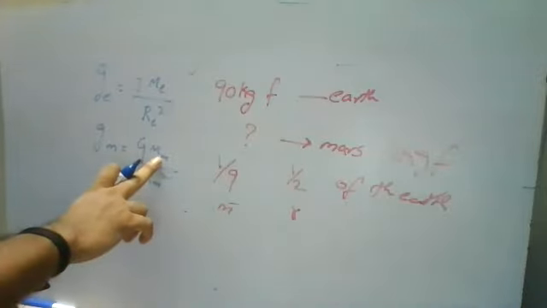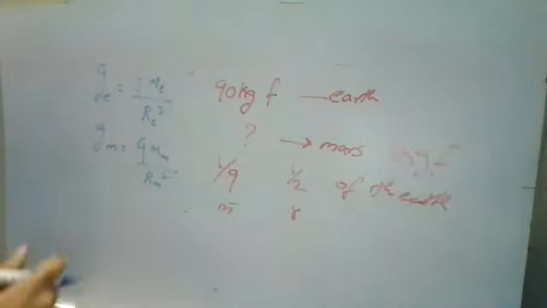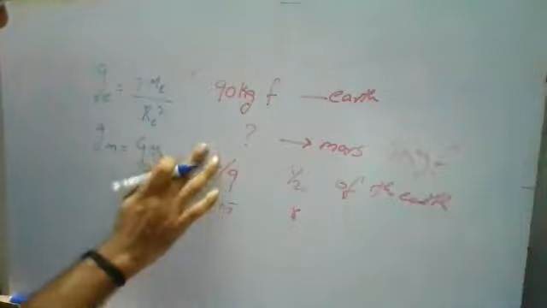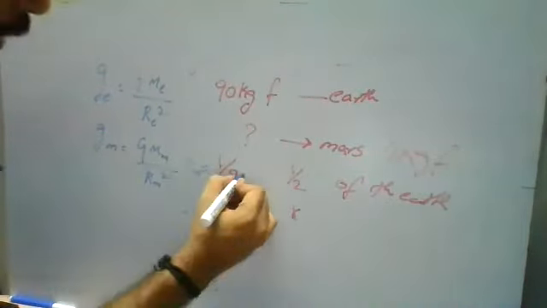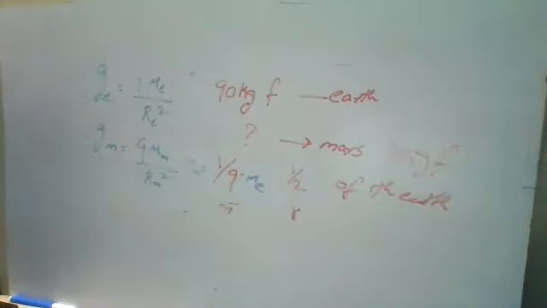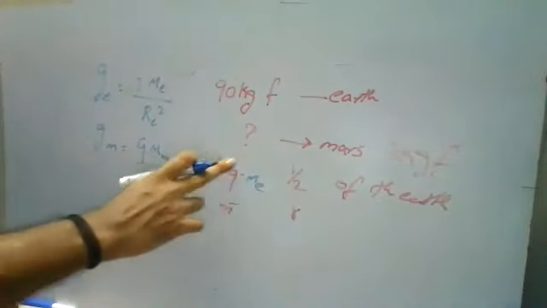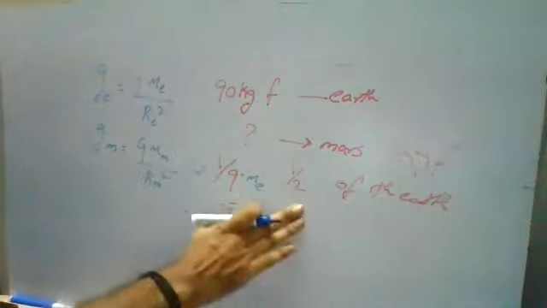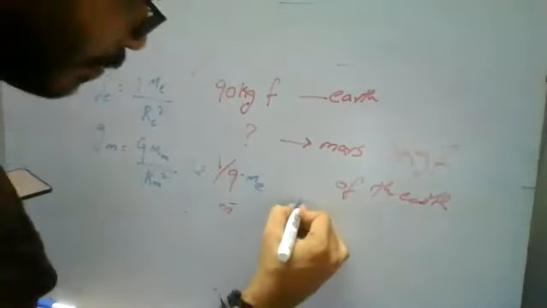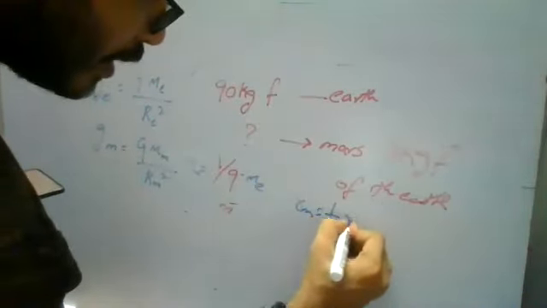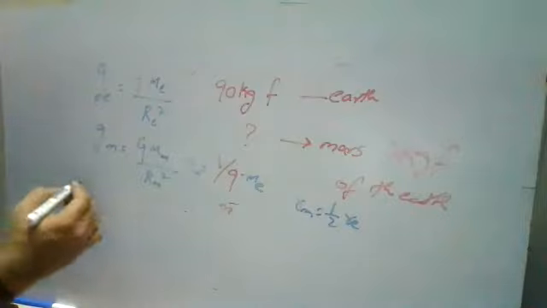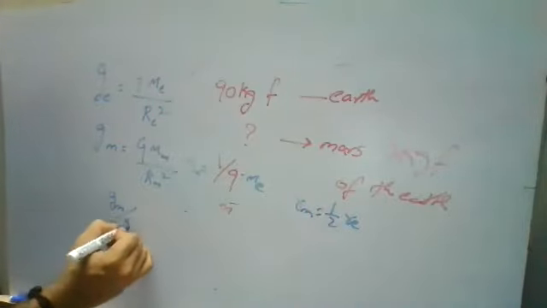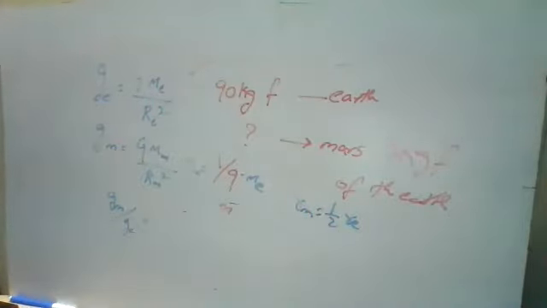Mass of Mars is 1 by 9 times the mass of the earth, and the radius of Mars is 1 by 2 times the radius of the earth. From these two relations find gm by g.